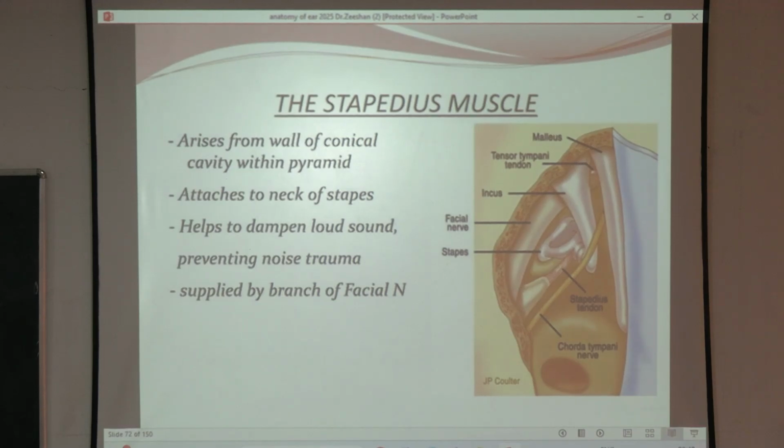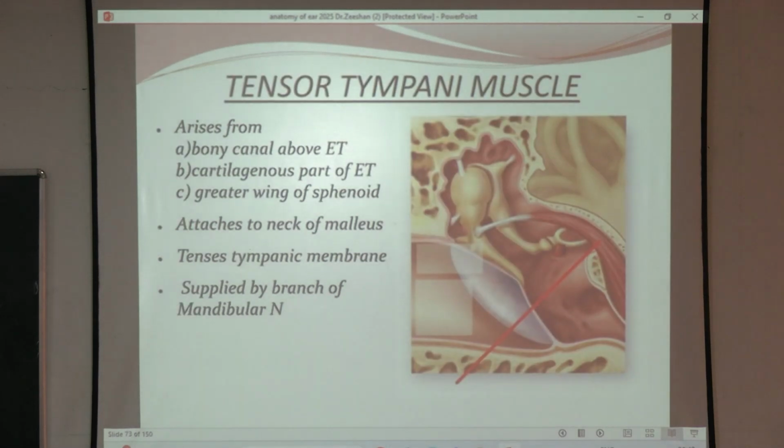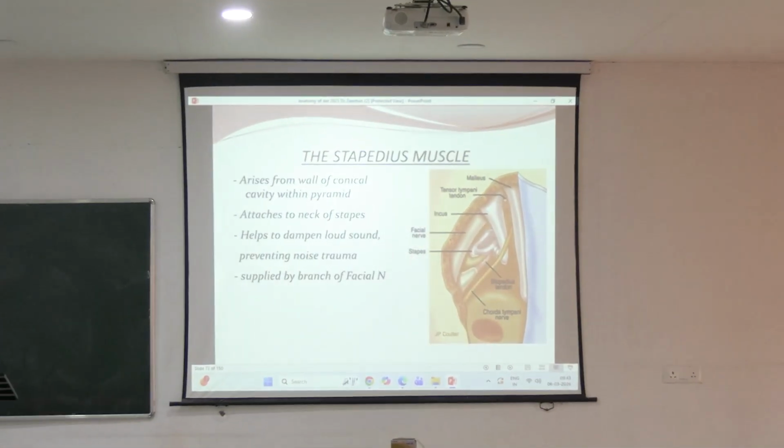So both the muscles in the middle ear, what are their functions? Why are they present? The second muscle, tensor tympani, arises from the bony canal above the Eustachian tube, the cartilaginous part of the Eustachian tube and the greater wing of the sphenoid, attaches to the neck of the malleus, tenses the tympanic membrane, and is supplied by a branch of the mandibular nerve. One muscle is supplied by the facial nerve, one by the mandibular nerve. It helps to dampen loud noises.